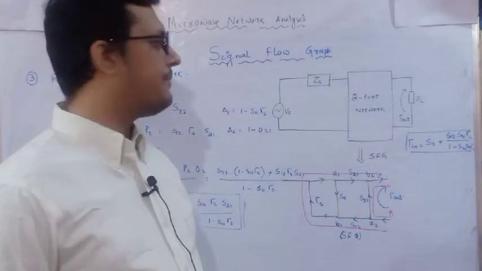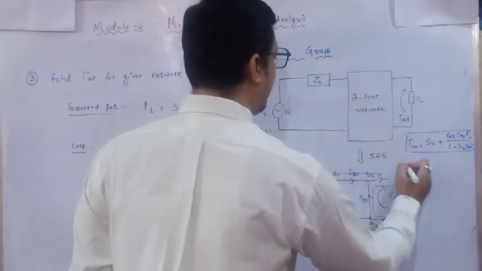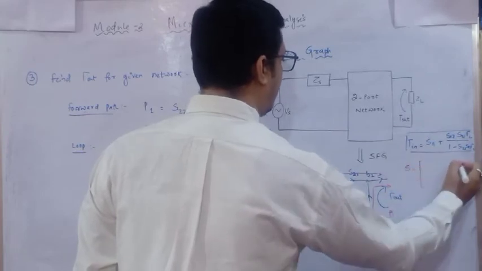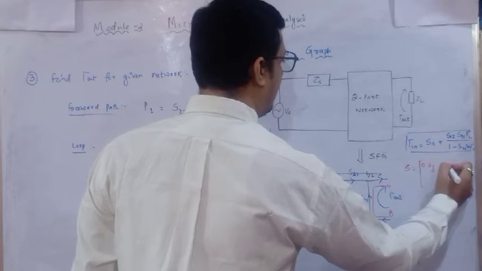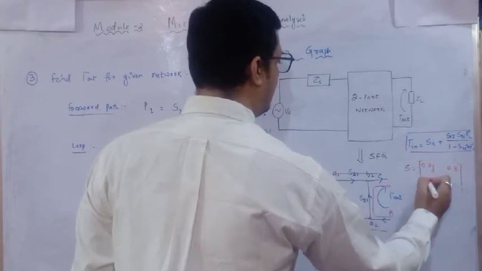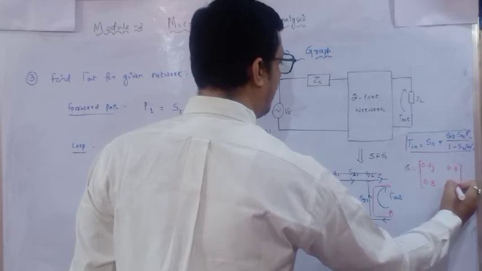And one more thing, for this network, if I provide the scattering parameters, for this particular network it is 0.2j, 0.8, 0.8, and minus 0.4j.